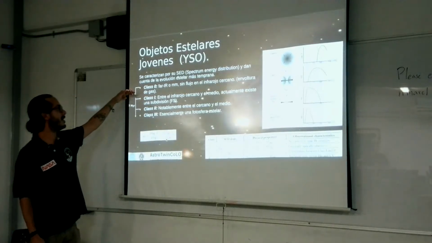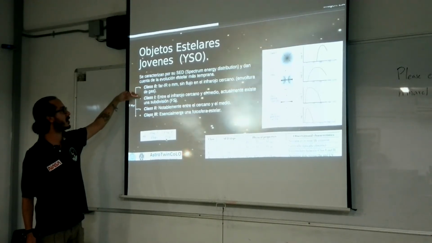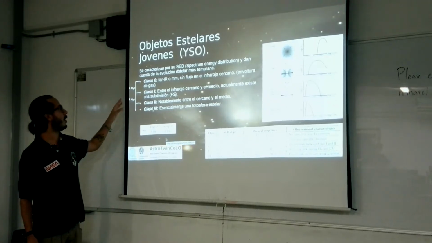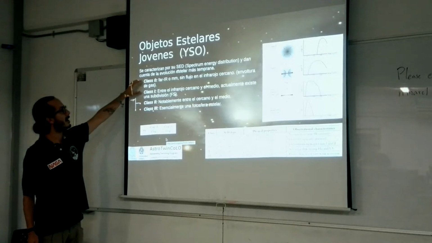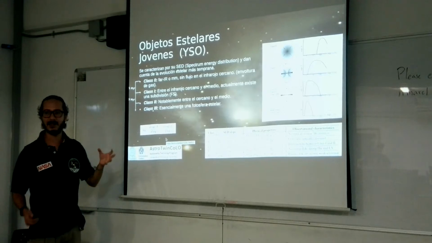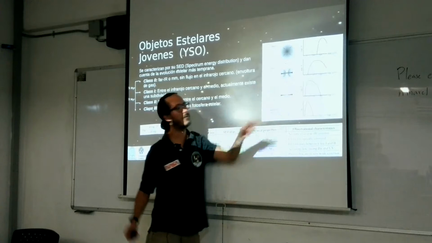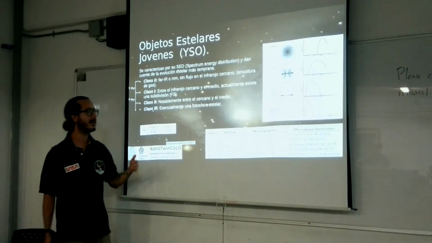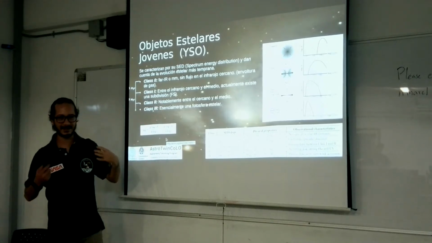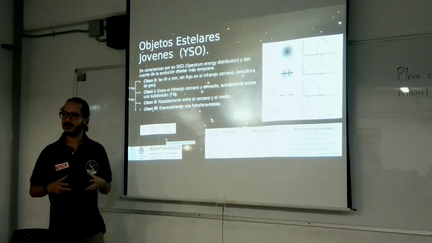So we think, or all of the reviews that we take say, that class 0 to class 1 takes more or less 5 million years. And in this phase, this is still considered a protostellar disk. It's still all the material flowing to the star. But we think that in class 2 is when the disk becomes planetary.